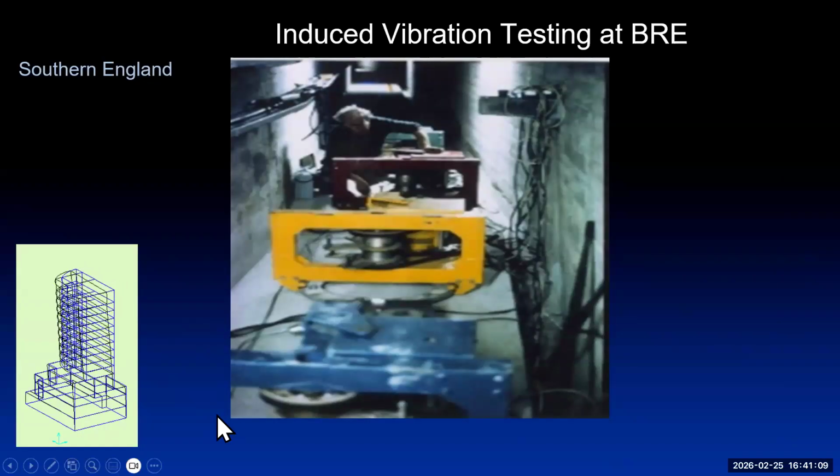We, on the other hand, when I was with the Building Research Establishment, used a form of vibrators which introduced a dynamic force equivalent to 1 ton at 1 cycle per second.